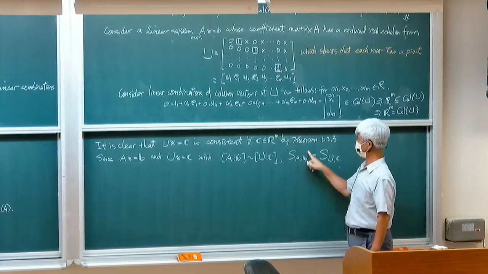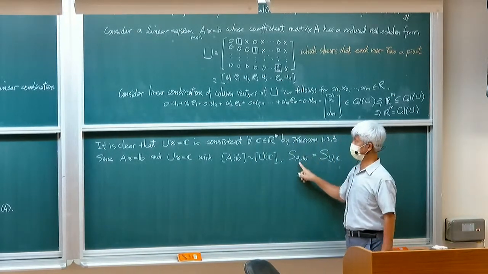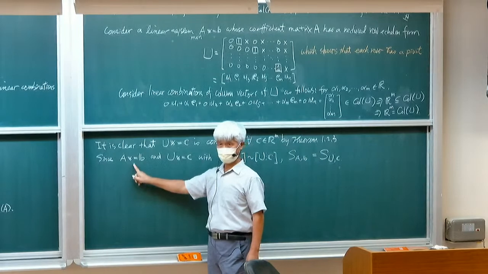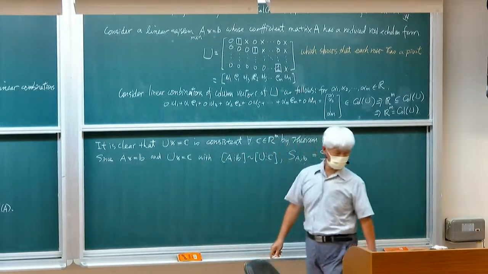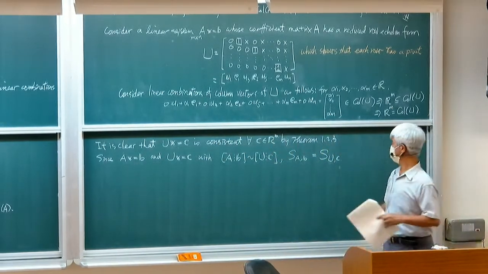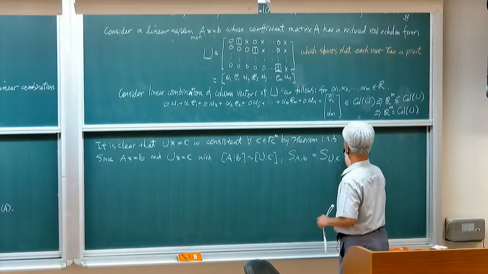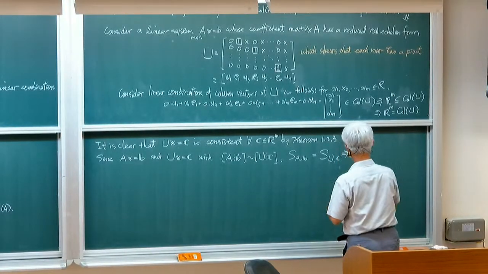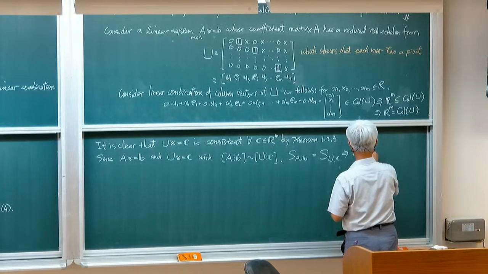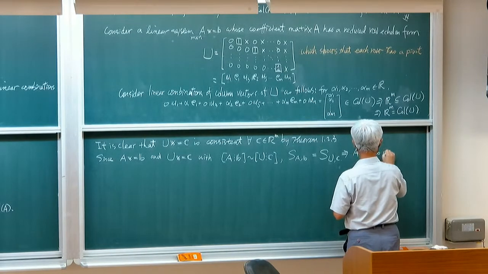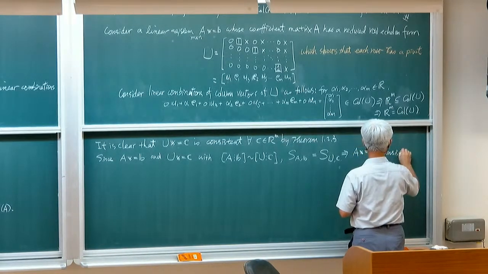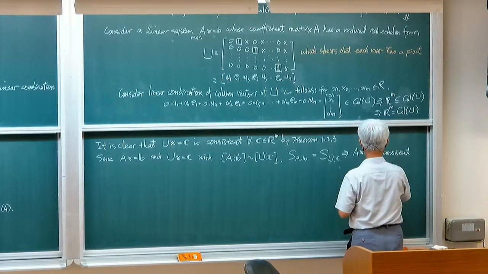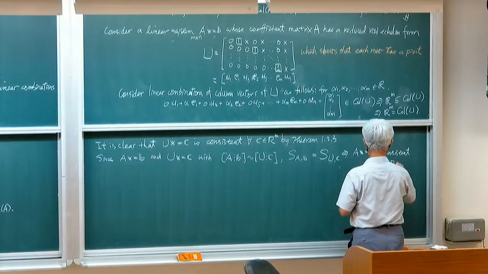So the solution set for this linear system is also non-empty, right? And so this implies that Ax equal to B is consistent for all B in Rm.